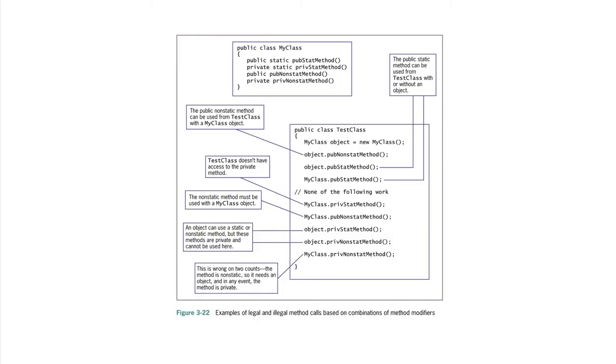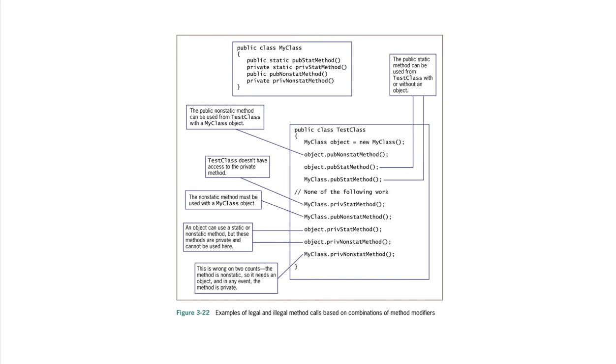In this slide, you can see how public, private, static, and non-static class members can be used by another class. The figure shows a class named myClass that contains 4 methods that are public static, private static, public non-static, and private non-static. The figure also shows a test class that instantiates a myClass object. The test class contains 8 method calls.